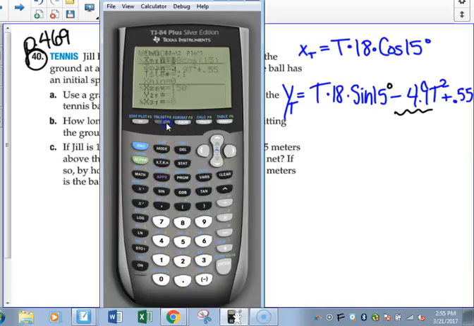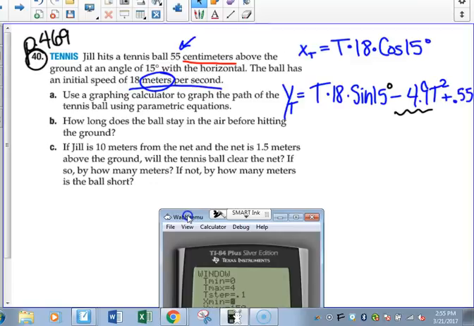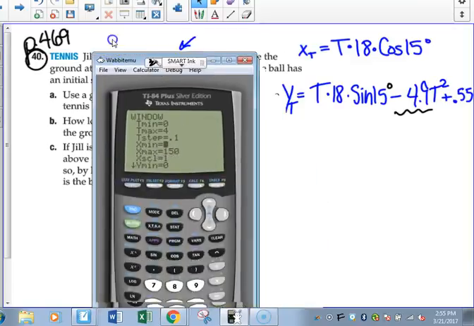Okay. Window. I don't think it's going to take more than 5 seconds for the tennis ball to come down, probably more like 3. Maybe I'll put 0 to 4. Anyway, but t-step 0.1 is appropriate. How far away? Do we have any hints about this? The net's 1.5 meters tall, 10 meters from the net.